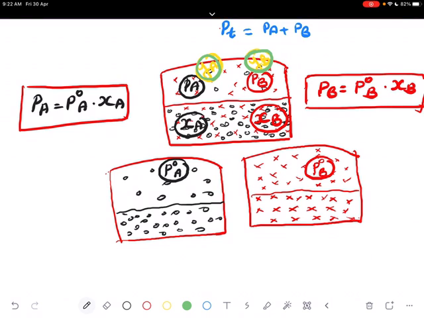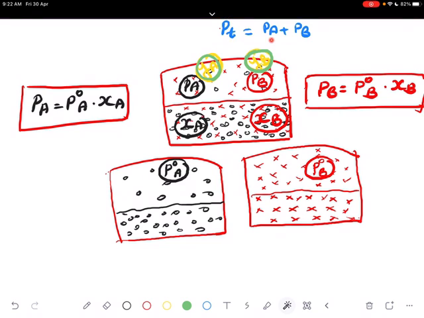Now, Raoult's law states that for a solution of volatile liquids, the partial pressure of each component is directly proportional to its mole fraction in the solution. See, its mole fraction in the solution.